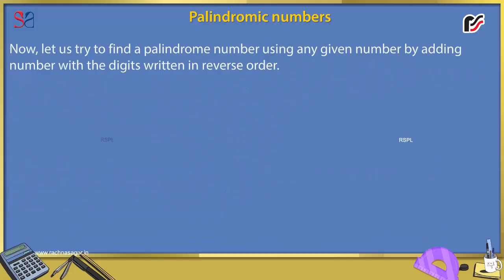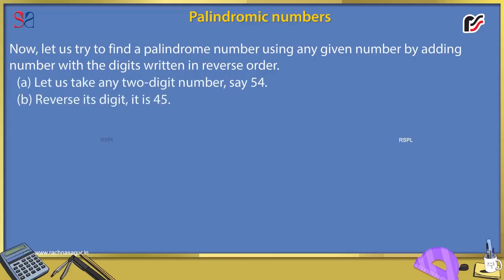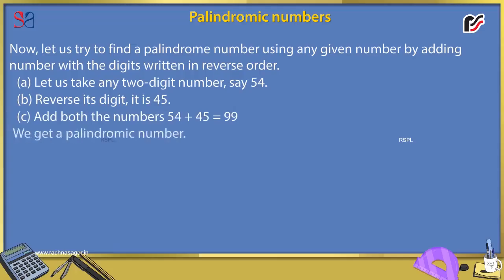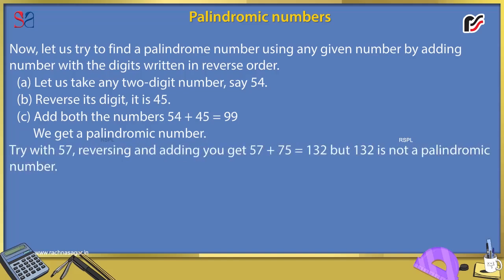Now, let us try to find a palindromic number from any given number by adding the number to its digits written in reverse order. A. Let us take any two-digit number, say 54. B. Reverse its digits, it is 45. C. Add both the numbers. 54 plus 45 is equal to 99. We get a palindromic number. Try with 57.